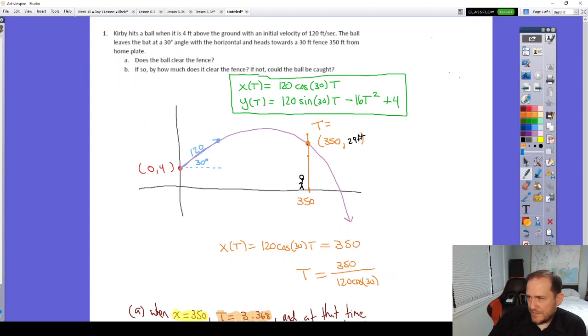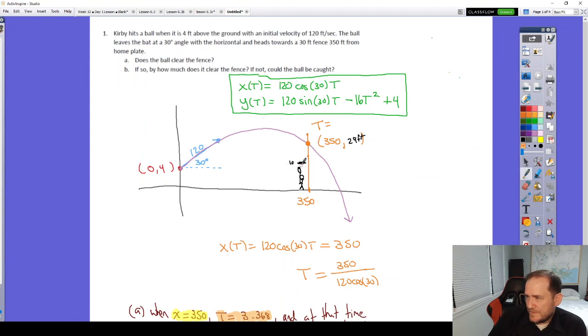Maybe it'll hit the wall and bounce, and I can catch it on the bounce, but the question means, can you just catch it directly before it hits anything else? The answer is no. For a 6-foot baseball player who's in reasonable shape, can reach his arm above his head, he's got a glove on his hand, he can jump. What do you think, 10 feet, maybe?